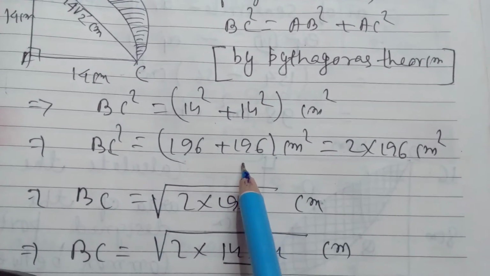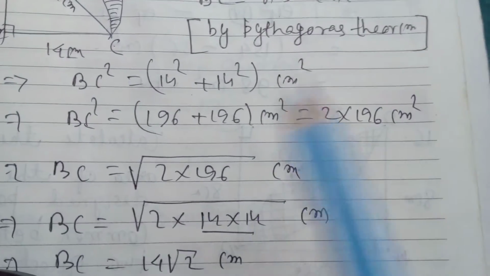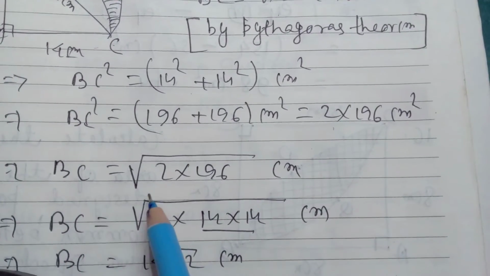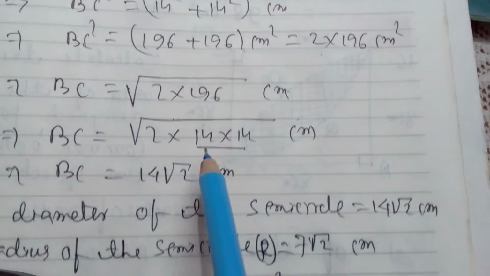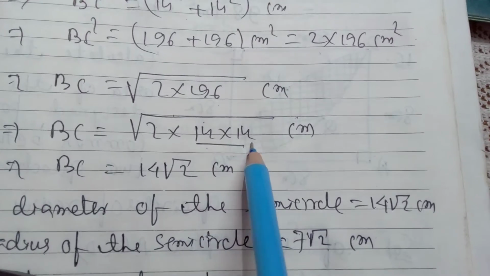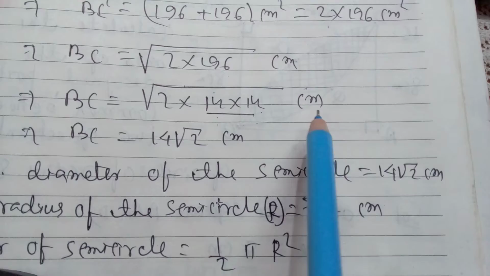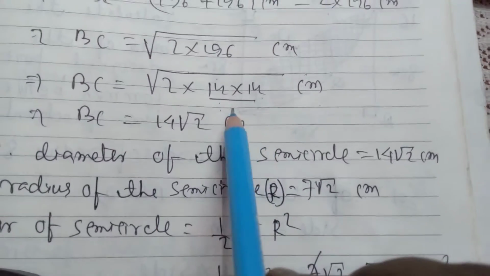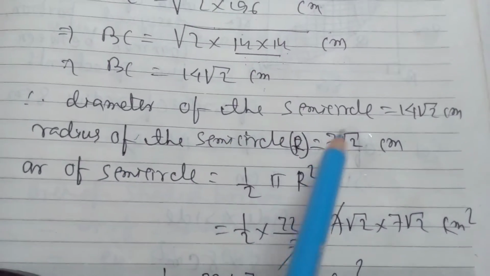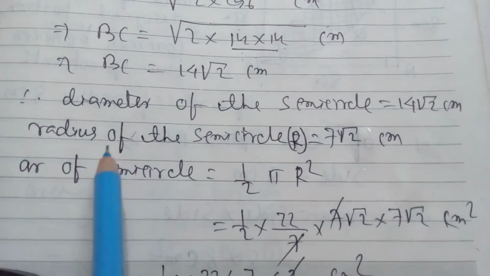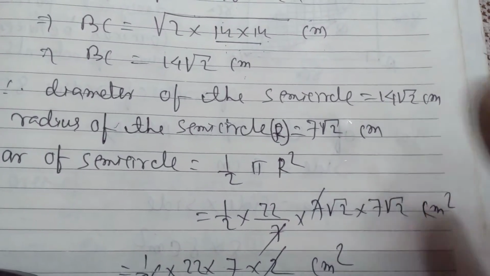So 196 plus 196 centimeter square, that is 2 into 196 centimeter square, and BC equals root under 2 into 196 centimeter, and 196 can be split up as 14 into 14. So BC equals root under 2 into 14 into 14 centimeter. So BC equals 14 root 2 centimeter. So diameter of the semicircle is 14 root 2 centimeter and radius of the semicircle is 7 root 2 centimeter.